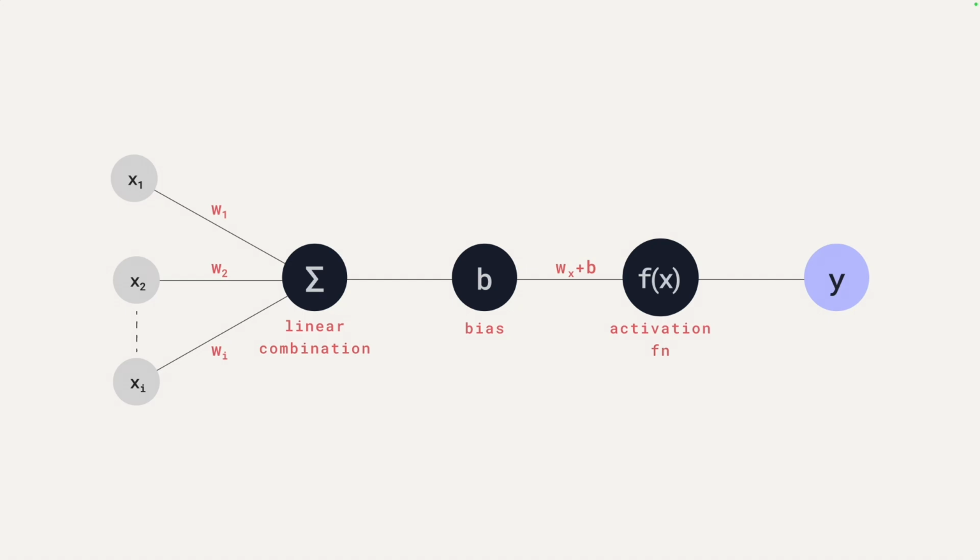And there is also a bias, which is a value that you can see as an indicator of how tricky it is to achieve that yes or no at the output of the neuron.